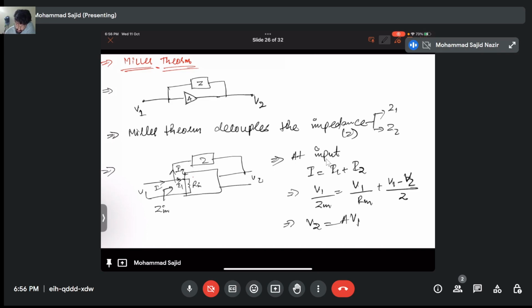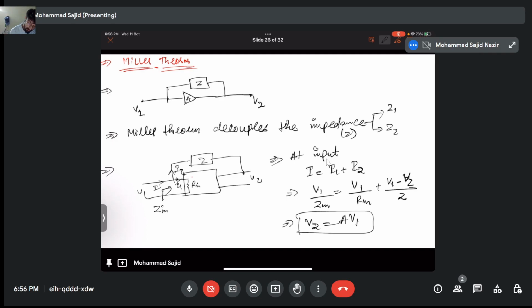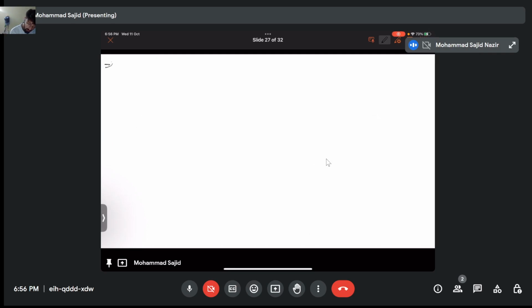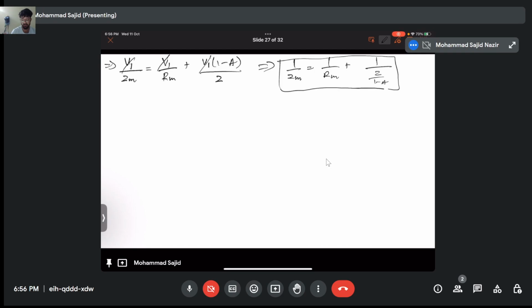It's a gain times V1. So I can write V1 by Z in is equivalent to V1 by R in plus V1 minus A V1 by Z. Cancel V1. So this is basically 1 by Z in is equivalent to 1 by R in plus 1 divided by Z divided by 1 minus A. So this is actually the impedance looking at the input.